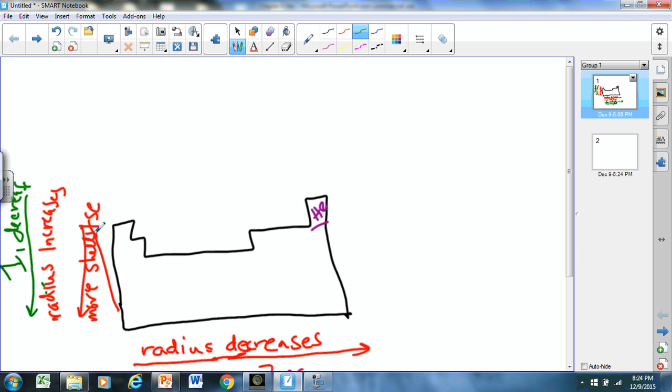Distance is downstairs. When the number downstairs gets bigger, the Coulombic attraction gets weaker. If the Coulombic attraction is weaker, the valence electrons aren't held as tightly, and it doesn't take as much energy to rip an electron away because it's weak.